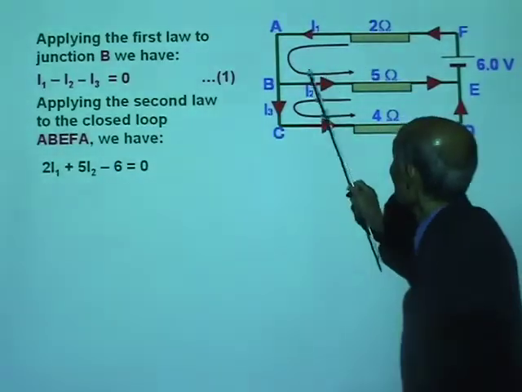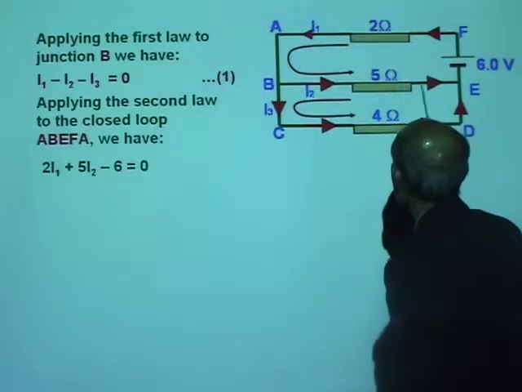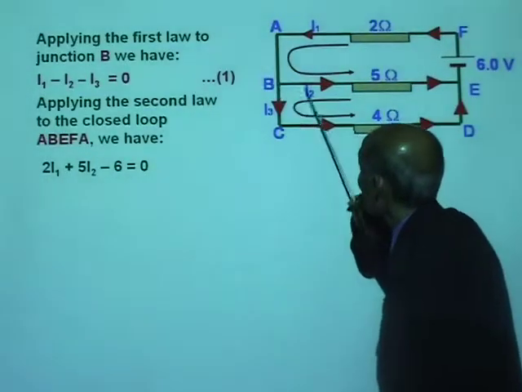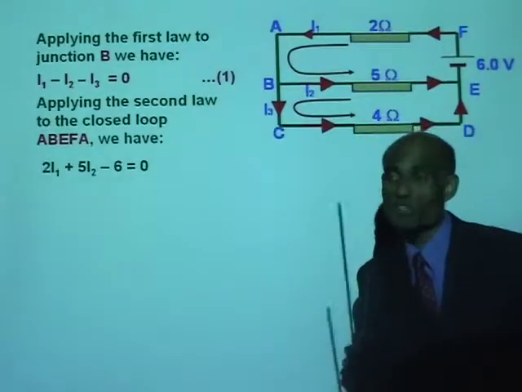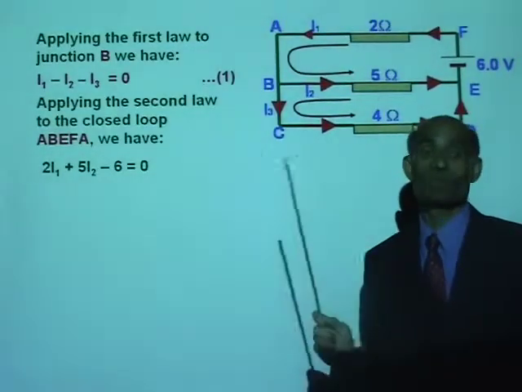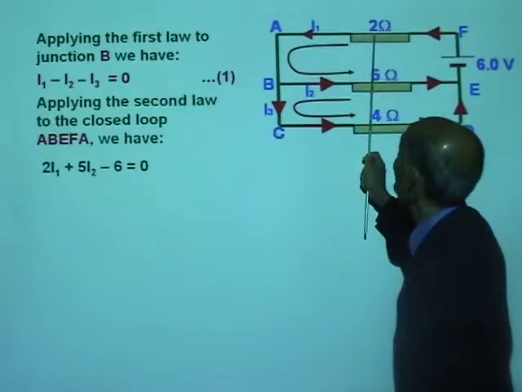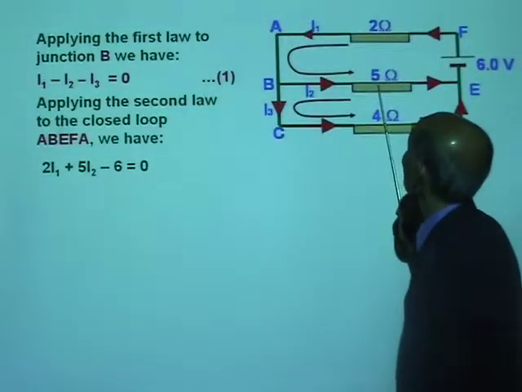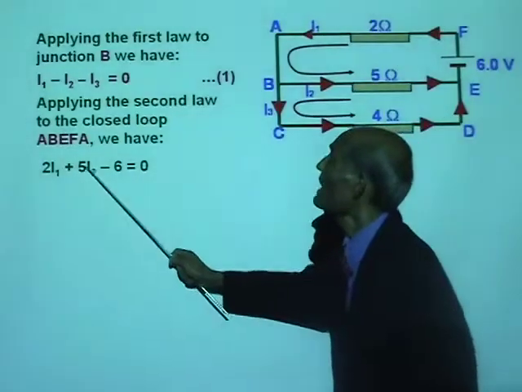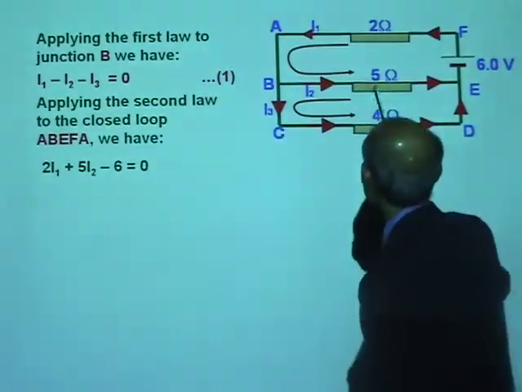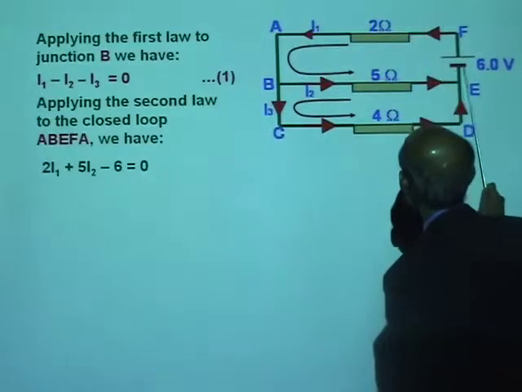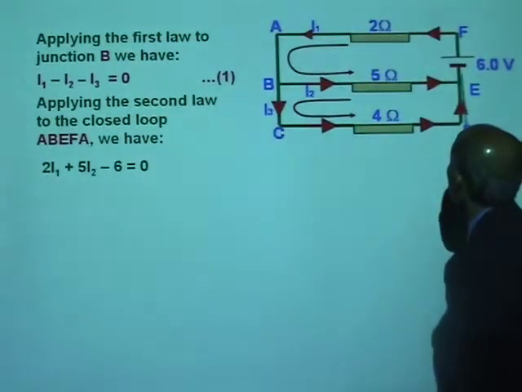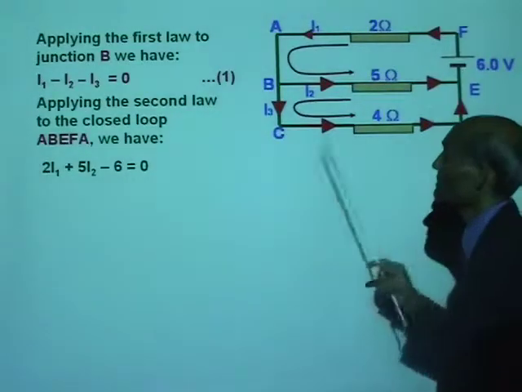Why? Because the current I2 and the current I1 are in the same direction as the direction of tracing of the loop. Both are positive, and the potential drop across the cell is negative because the loop is traced out from negative to positive.